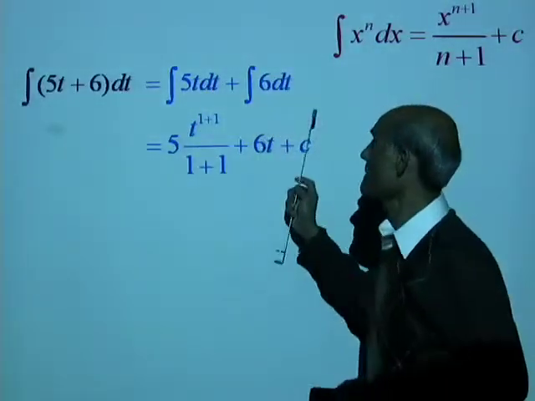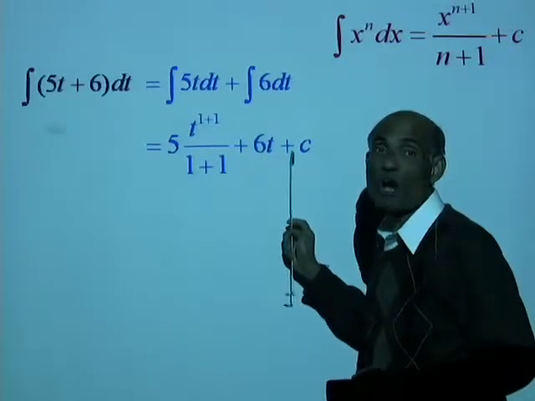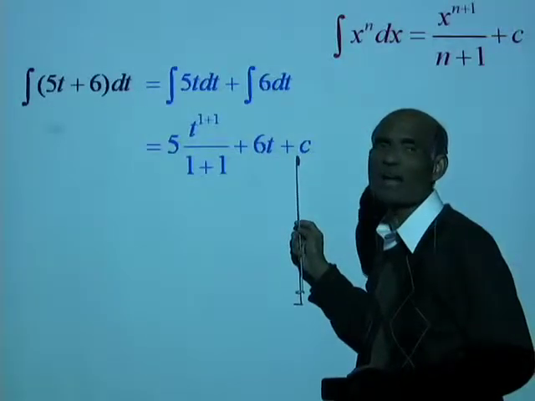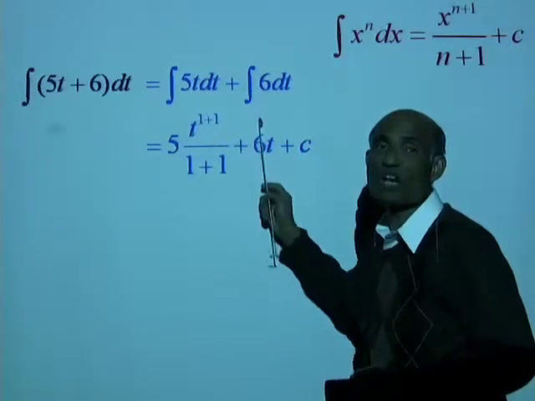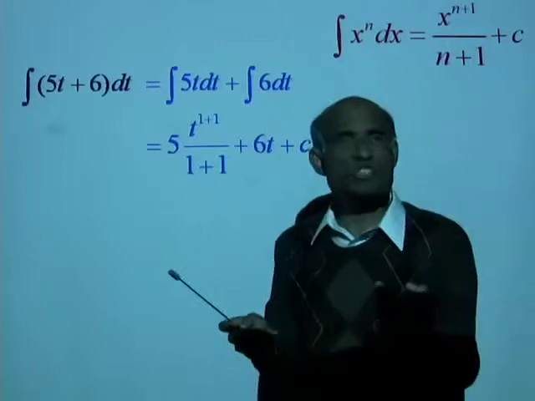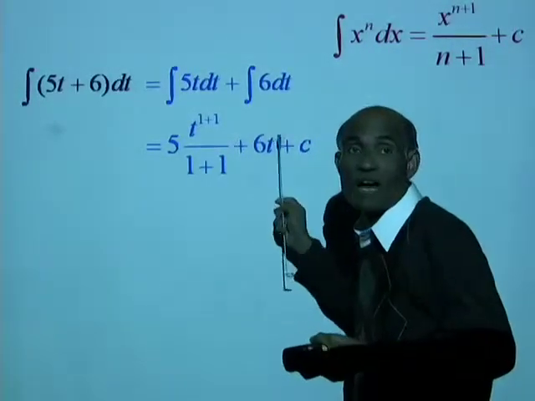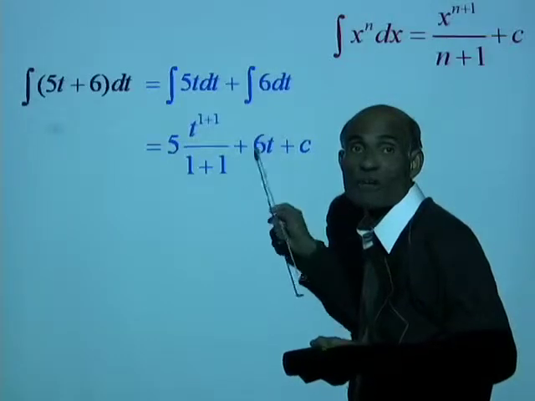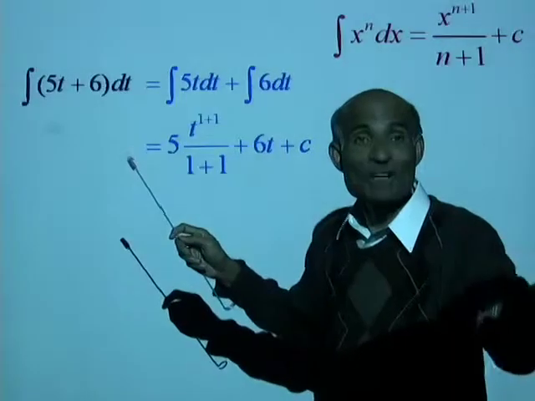Now tell me, we have 2 terms that we integrated, but we used only one constant. Why? Should we use a constant for each term? Now remember, a constant is a number. So if I use one constant here and another constant for the second term, if you add those 2 constants, it will still be another constant.